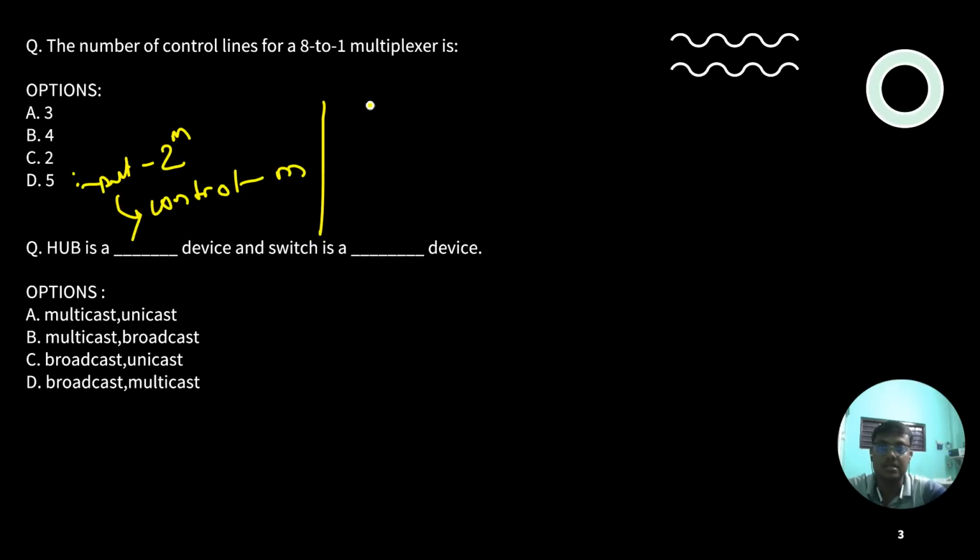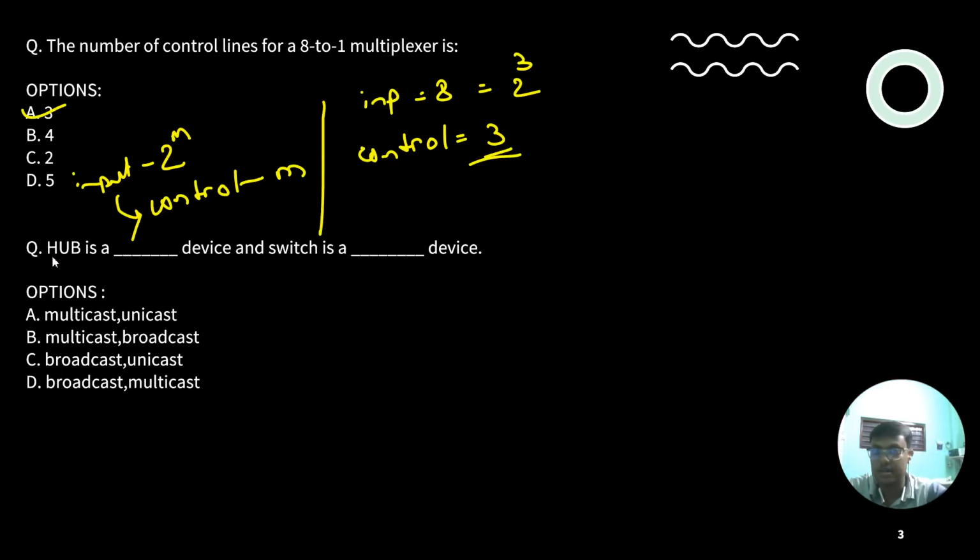Hence, for our case, the number of input lines is 8, which can be written as 2 to the power 3, and hence the number of control lines would be equal to 3. I hope I could make you all understand. So the correct option would be option A.